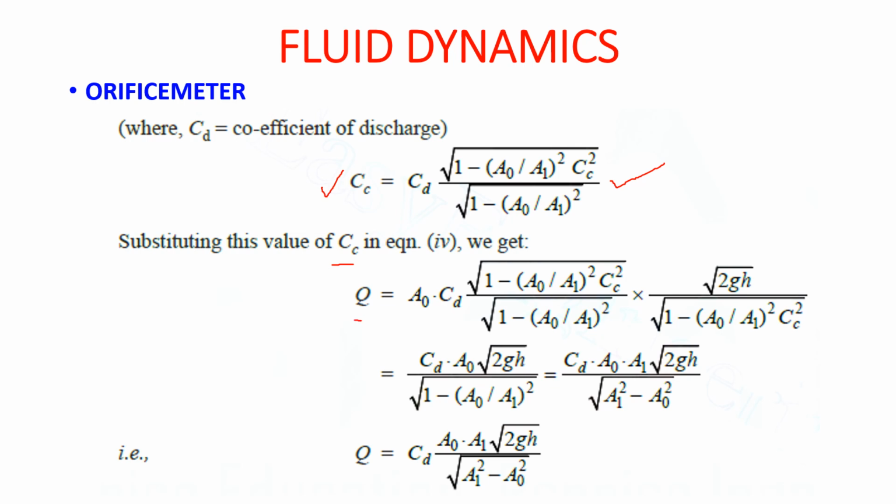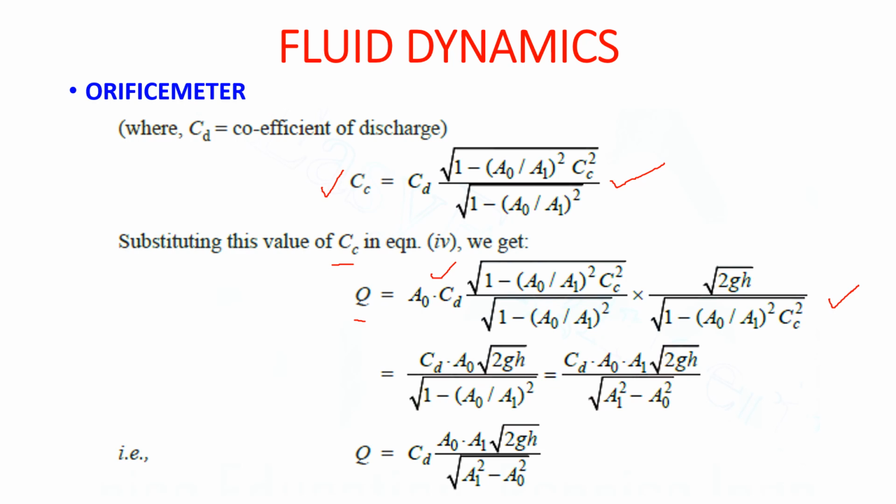So Q is equal to A naught into, now what is Cc? Cc is this value. So Cc equal to Cd under root 1 minus (A naught by A1) bracket square Cc square divided by under root 1 minus (A naught by A1) square into, what is the value of V2? This value of V2 is under root 2gh divided by under root 1 minus (A naught by A1) bracket square into Cc square.